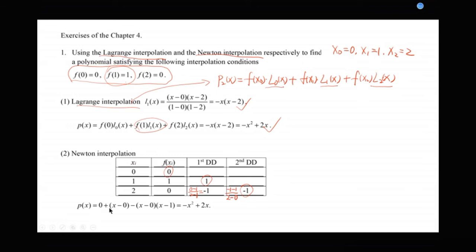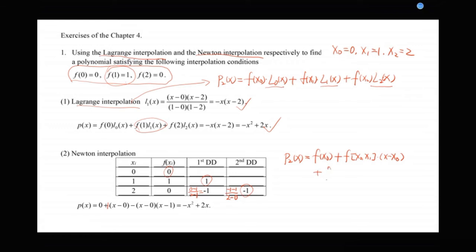So I write the formula for you. P2(x) equal to f(x0). Remember? Plus the first divided difference f[x0, x1] multiply (x minus x0). Here this number is 1, so 1 multiply (x minus 0), right?